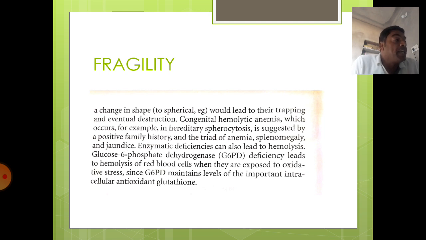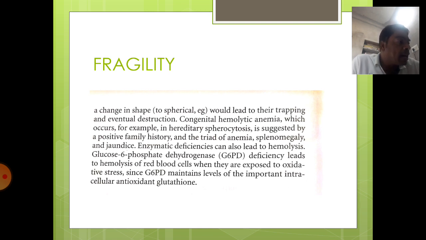Congenital hemolytic anemia, which occurs, for example, in hereditary spherocytosis, is suggested by a positive family history and the triad of anemia, splenomegaly, and jaundice.